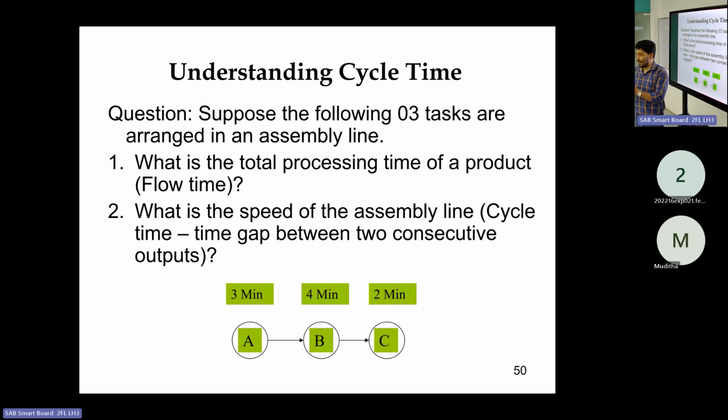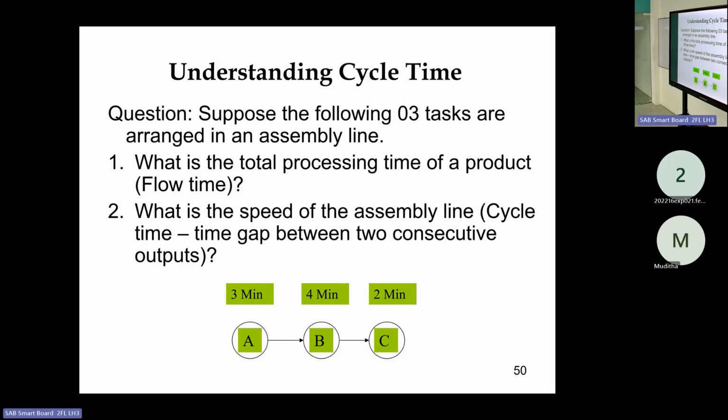Can you understand it? Usually in an assembly line, the speed depends on the activity, the task that takes the longest processing time. We call that the cycle time. The time of the activity that takes the longest determines the speed of the process.